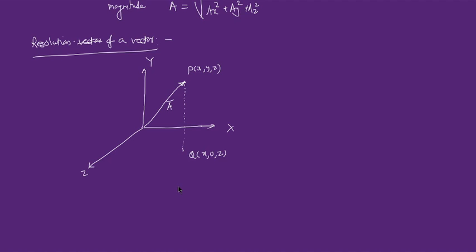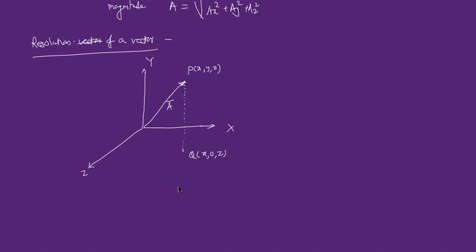Here I can draw a perpendicular, and similarly here also. So this component is AZ, and this component is AX. By the triangle law of addition of vectors, AZ plus AX, or AX plus AZ, is this component. Actually all these are vectors.